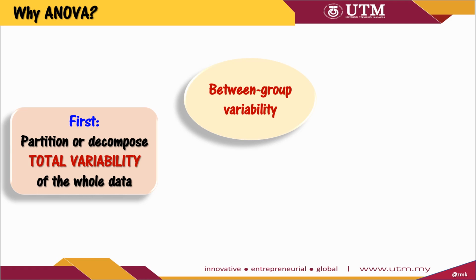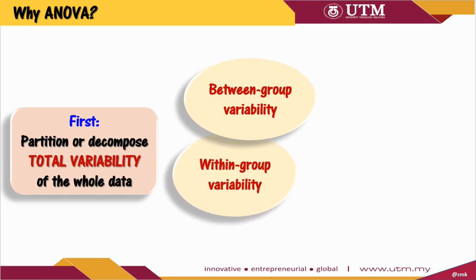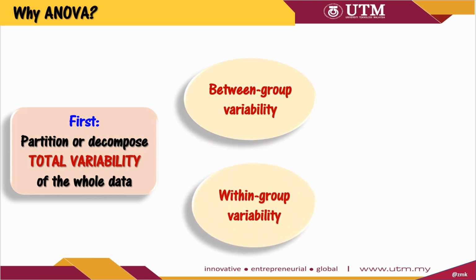The second component of total variability is the within group variability. In the alcohol example, the within group variability refers to the variations between the observations within the individual types or samples, either within type 1 alone or within type 2 alone, and so on.